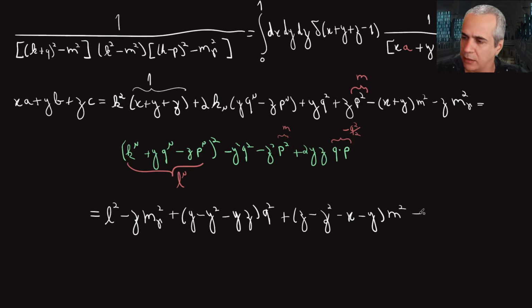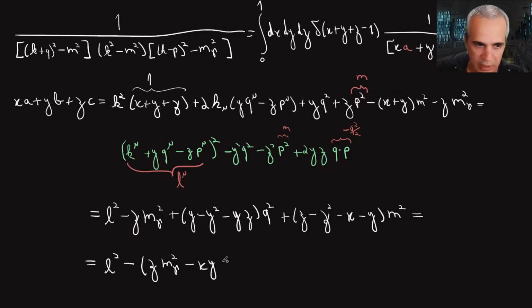And that leads to a much simpler expression, which is l square minus, and now I'll put this minus in front here because I want to call the resulting expression delta, as we did before, right? x y q square plus 1 minus z square m square.